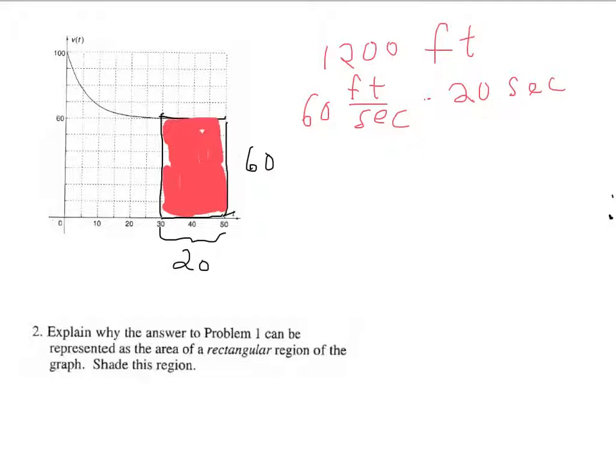So we can see that our units, that's of course over 1, this is 60 feet over 1 second, so our seconds are going to cancel, and we are going to be left with 1,200 feet. And this is kind of strange because usually when we get an area, we end up in square units. But that really depends on what your units are to begin with. So since our units were feet per second and then multiplying that by seconds, we ended up in feet.